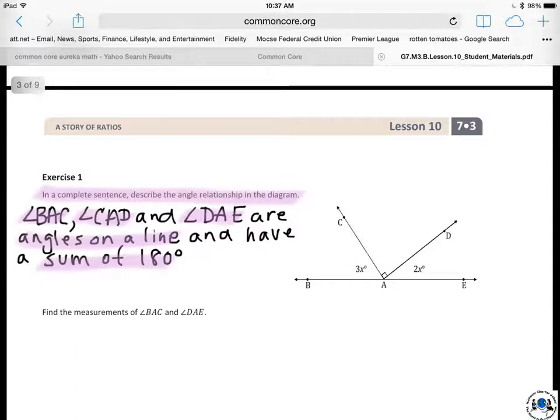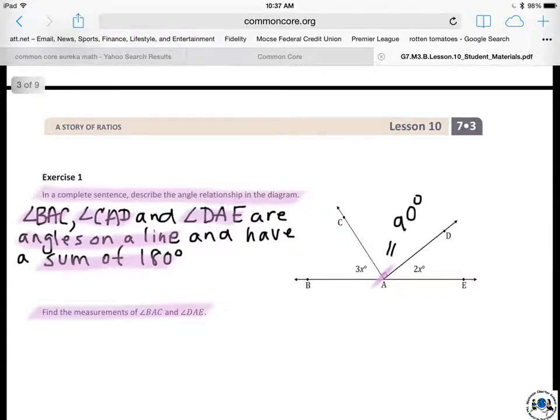Now, the next one asks you to find the measurements of angle BAC and angle DAE, through using an algebraic equation, and hopefully you have an idea of how you might do that. One thing I need to remind you of, if you don't know it already: this symbol here, this little box, in any angle means that it equals 90 degrees.